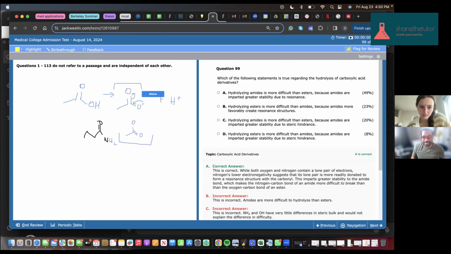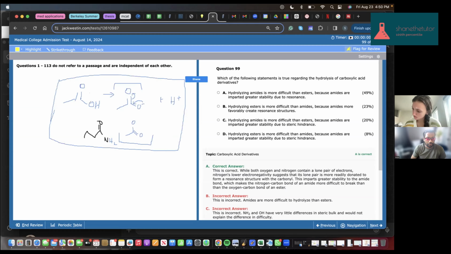So there's resonance stabilization when it loses a proton, which is why it's an acid. An acid wants to donate protons, so it's going to be more stable after it's donated its proton. Once it donates its proton, there's resonance stabilization. So if you remember this, then you won't forget it.